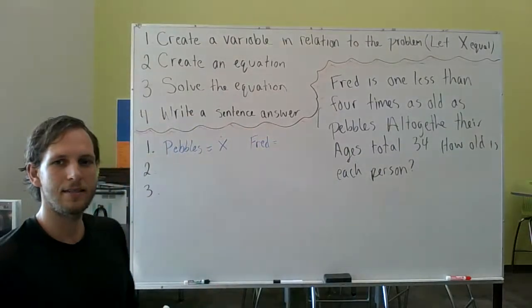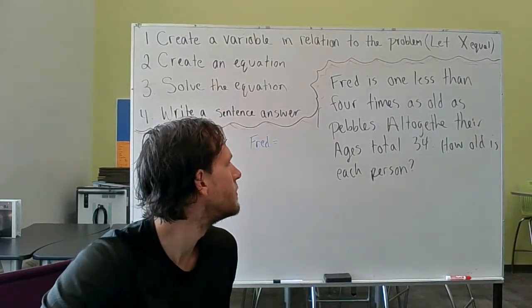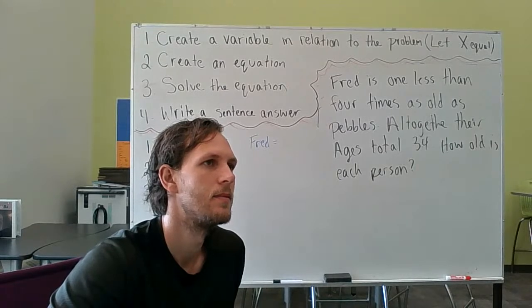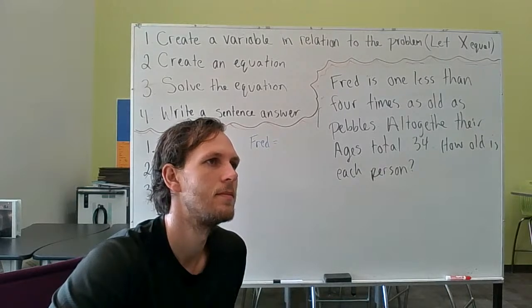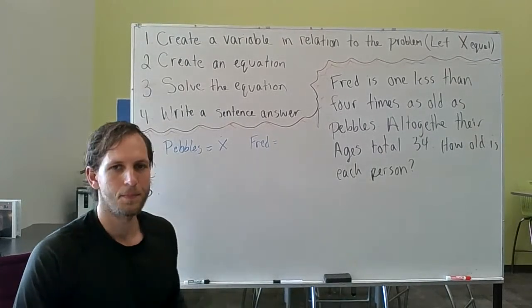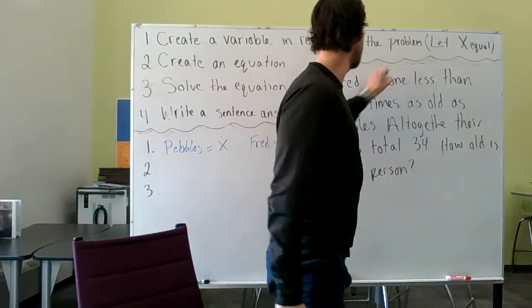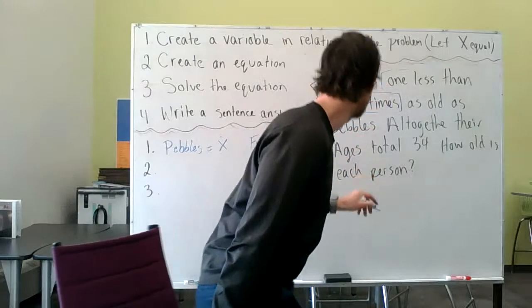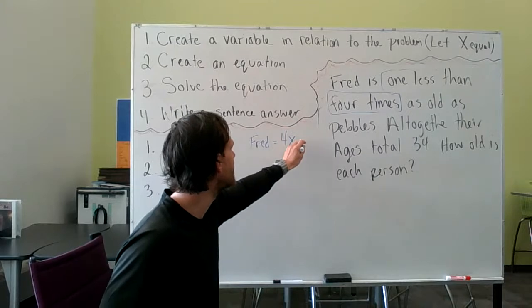So Pebbles equals X, and Fred equals what? Fred is going to equal 1 less than 4 times, so 4x, 1 less, minus 1.